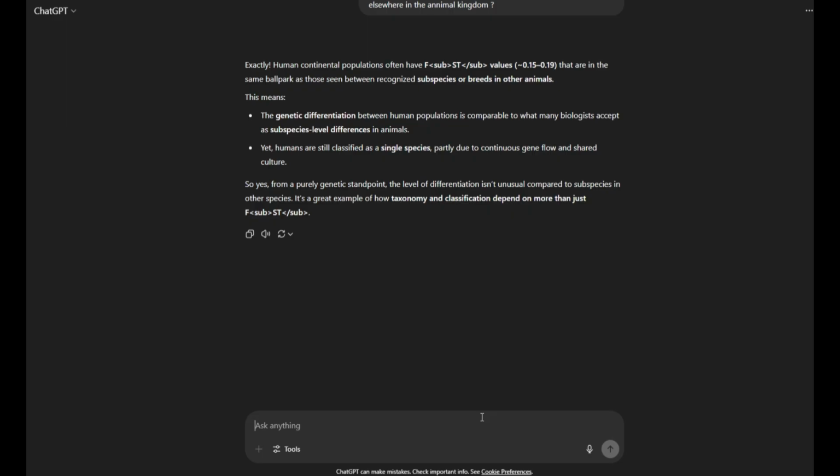This means the genetic differentiation between human populations is comparable to what many biologists accept as subspecies-level differences in animals. Yet, humans are still classified as a single species, partly due to continuous gene flow and shared culture. So yes, from a purely genetic standpoint, the level of differentiation isn't unusual compared to subspecies in other species. It's a great example of how taxonomy and classification depend on more than just FST.